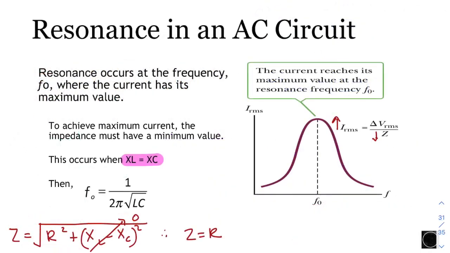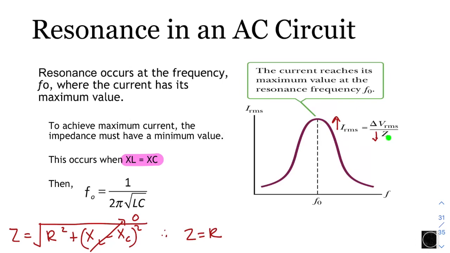As we recall from our Physics 1 lecture, resonance in a circuit is where the system gives us maximum output. For a circuit, maximum output means maximum current.